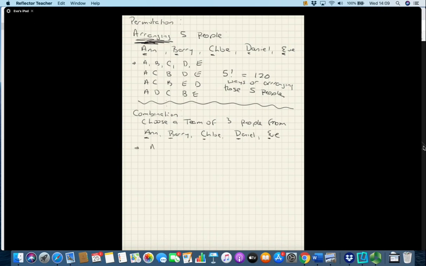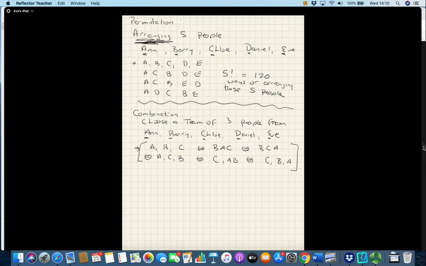If I choose a team which is Anne, Barry, Chloe, can you see that is the same team as Barry, Anne, Chloe, which is the same team as Barry, Chloe, Anne, which is the same team as Anne, Chloe, Barry, which is the same team as Chloe, Anne, Barry, which is the same team as Chloe, Barry, Anne. All of those would have been 6 different permutations, but it is just one combination of a team of 3 people from those 5.